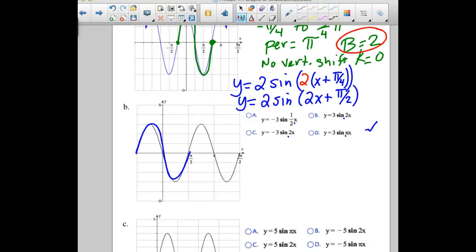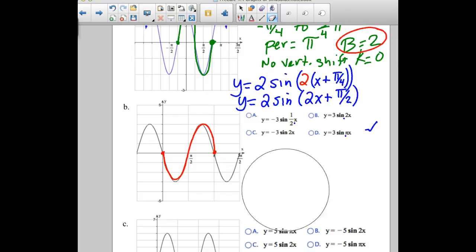But in my options, I didn't have an option of a phase shift. So I can't think of that as being the piece I'm supposed to analyze. I have to say I'm starting here. And because I'm going down first, what does that tell me? That A has to be negative. Have I gone 3 up and down from 0? Yes? Okay. So my A value has to be negative 3. Should use a capital for that.